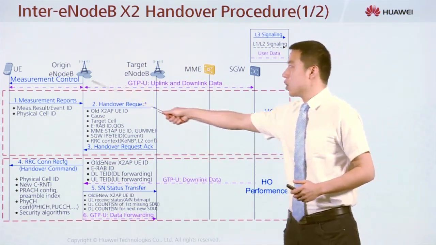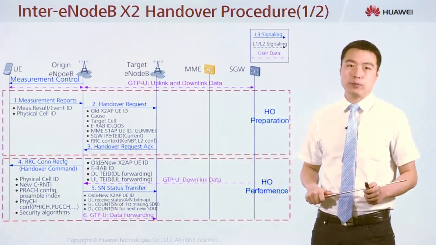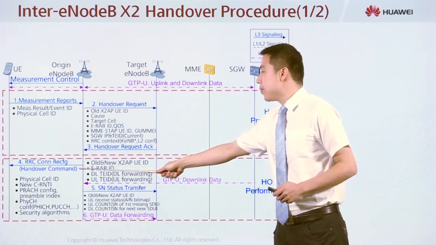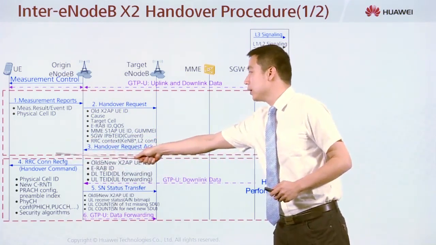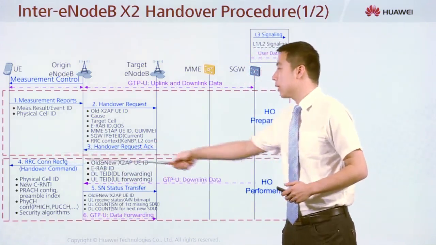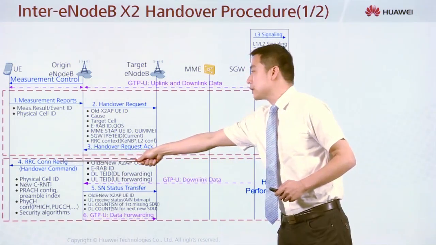Then the source eNodeB will start the handover execution. The source eNodeB will send the handover command to the UE. This handover command, like the intra-eNodeB handover command, is an RRC connection reconfiguration.